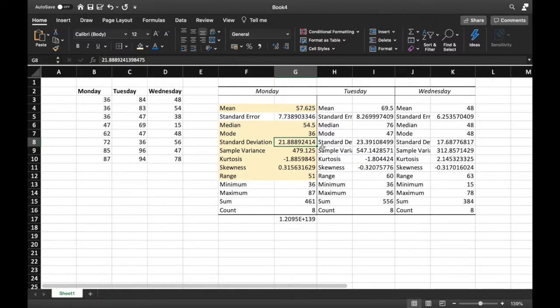So it means that the data is spread out, and this is supported by our kurtosis that is negative 1.89. When you get a negative kurtosis, it means that they are heavy-tailed, and so they are spread out. And now we have a skewness, which is 0.315. If you get a skewness that is positive, it means that it is skewed to the right.